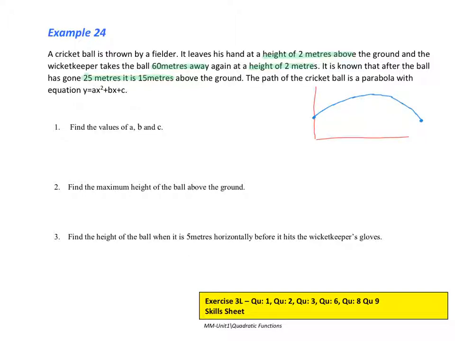That's also 2 metres above the ground. And then after it's gone 25 metres, it's 15 metres above the ground. So in terms of coordinates, that's the point x equal to 0, 2. That's 60 metres later.